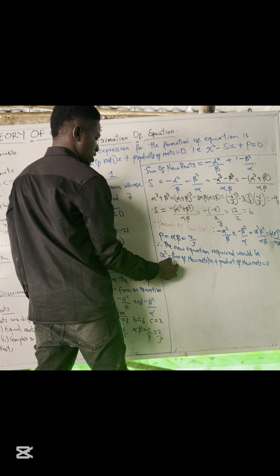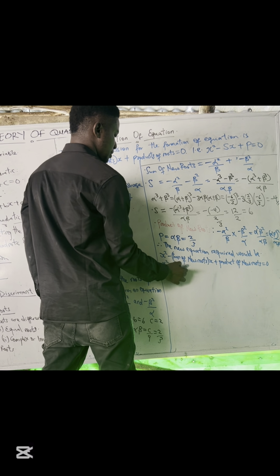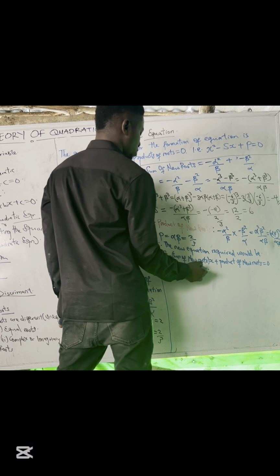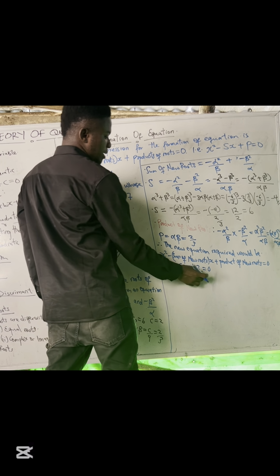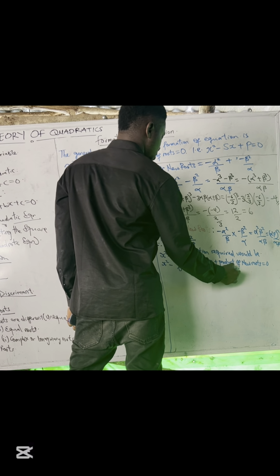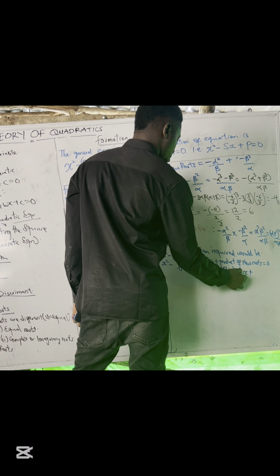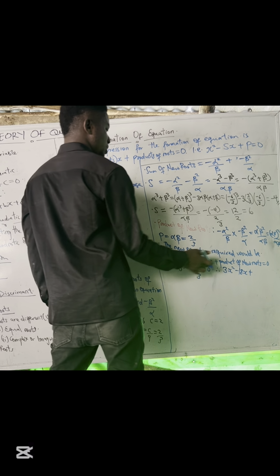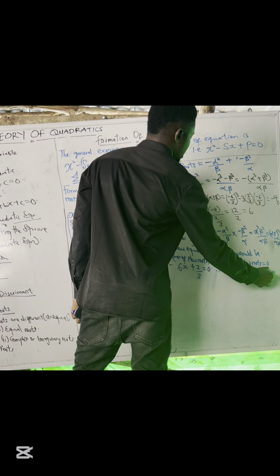This would be x squared minus the sum of new roots. The sum of new roots is 6, that is 6x, plus the product of new roots, that is 2 over 3, is equal to 0. So we can multiply everything by 3. Then finally we are going to get 3x squared minus 18x plus 2, because 3 times 1 is 3x squared, 3 times 6 is minus 18x, and 2 over 3 times 3 is 2, is equal to 0. This is the final answer.